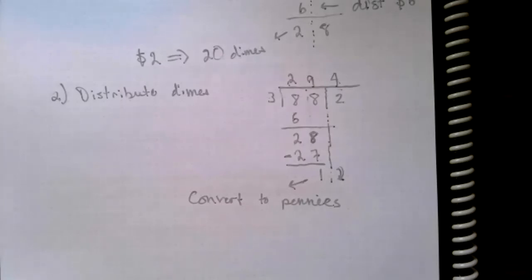Notice that each step is the same. At each stage of the algorithm, we distribute as much as we can, and then we take whatever's left over and we make change to the next denomination down. We get rid of as many dollars as we can.